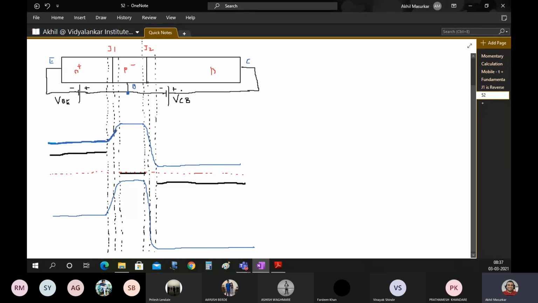So this is our conduction band. I'm just highlighting it. And this is our valence band.